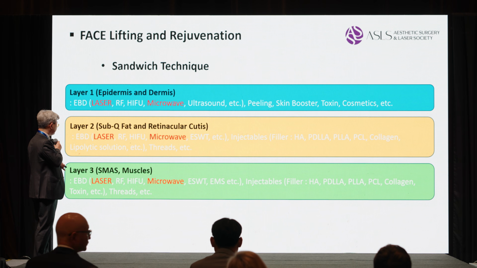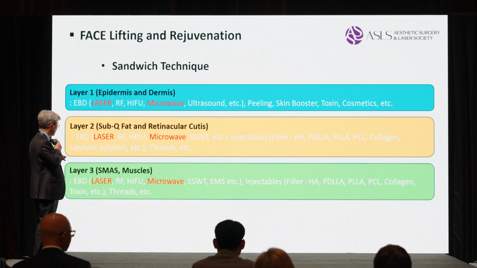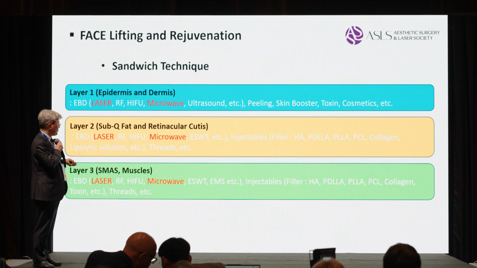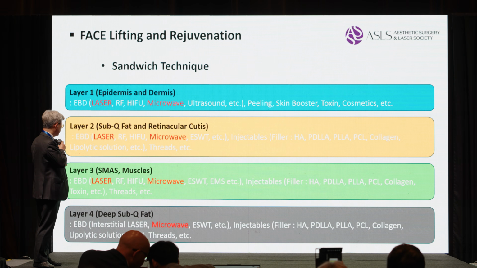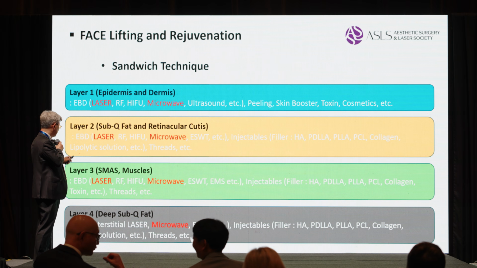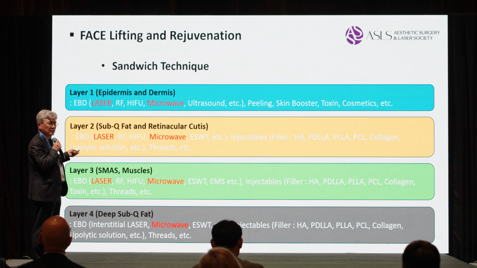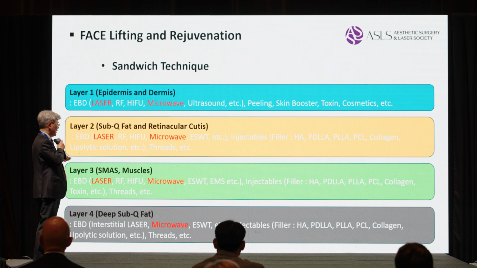Layer 3, we can also combine with injectables and thread lift. And for layer 4, the deep layer, we can also treat with the other EBD, especially interstitial laser and HIFU and RF and thread.